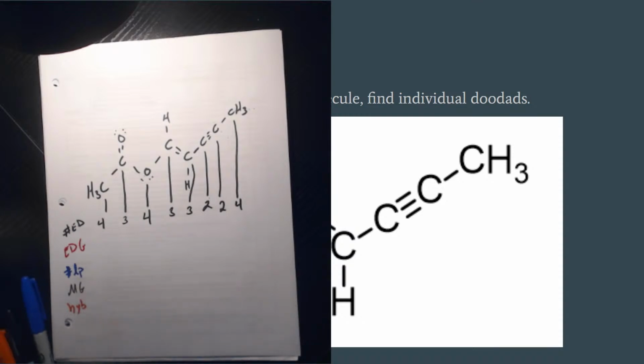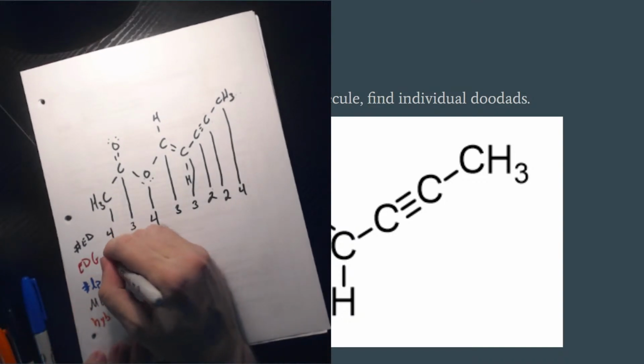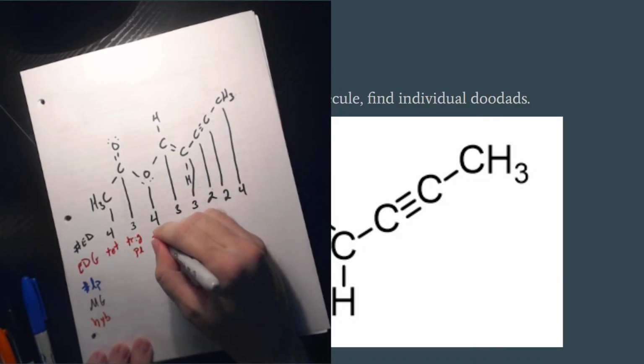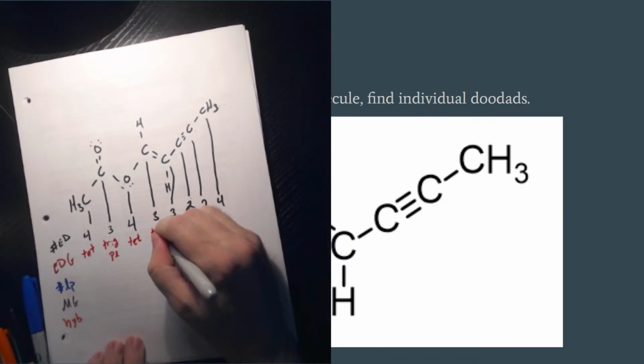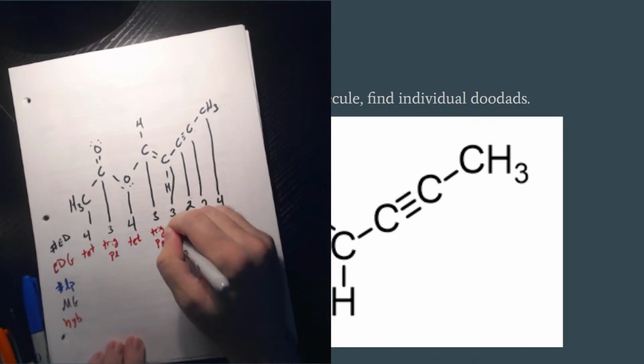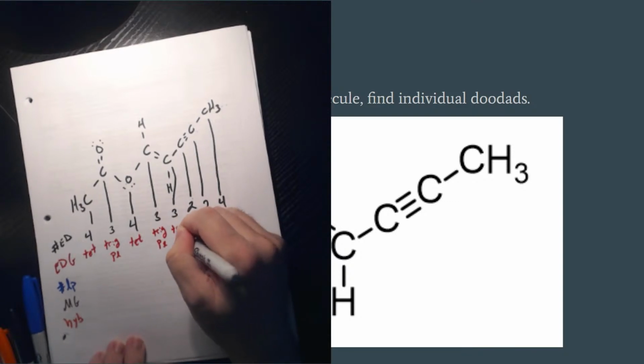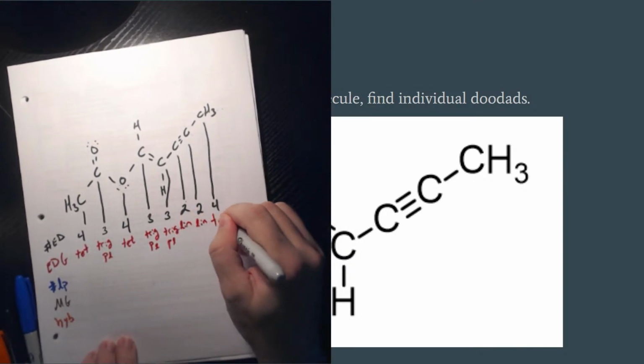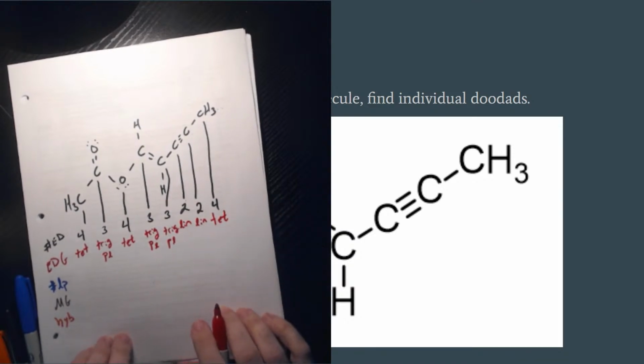So our electron domain geometry, for organic molecules, is fairly limited, but that's fine. We have tetrahedral, trigonal planar, tetrahedral, trigonal planar, linear, linear, and tetrahedral.